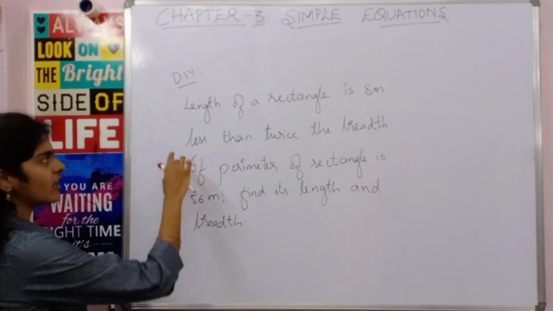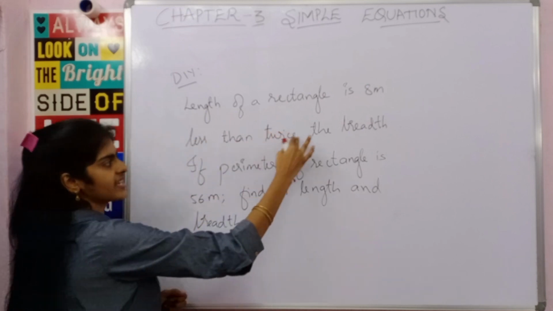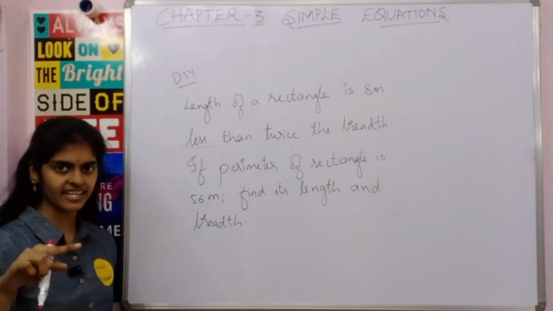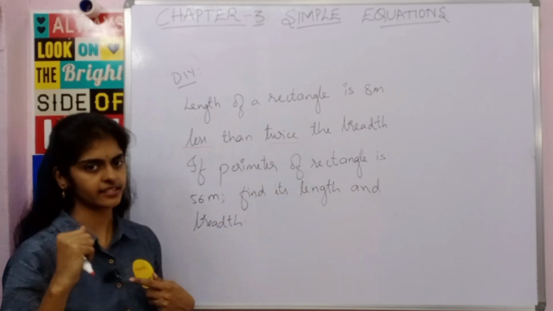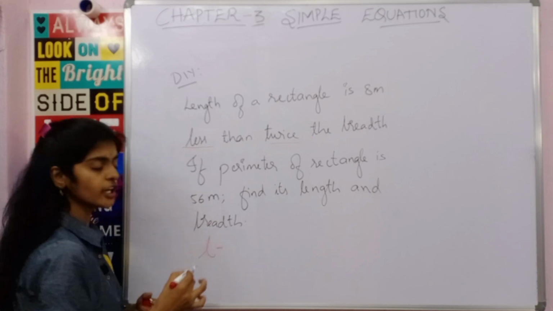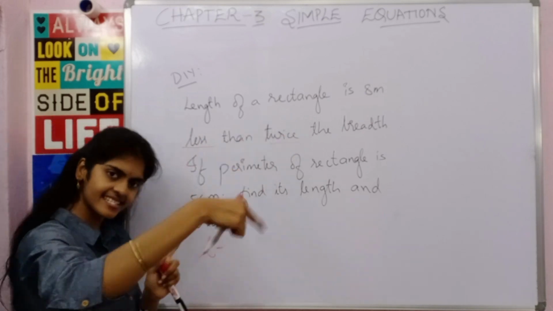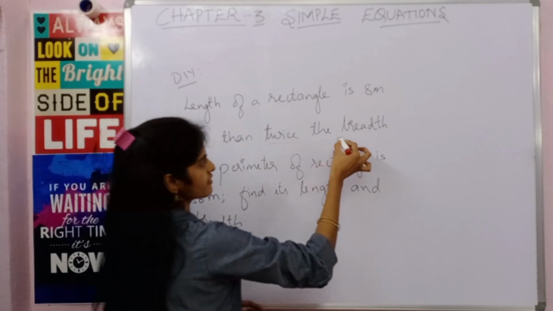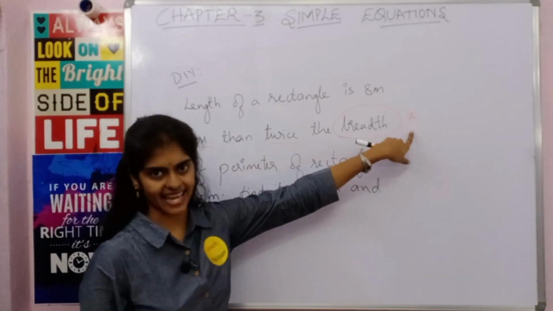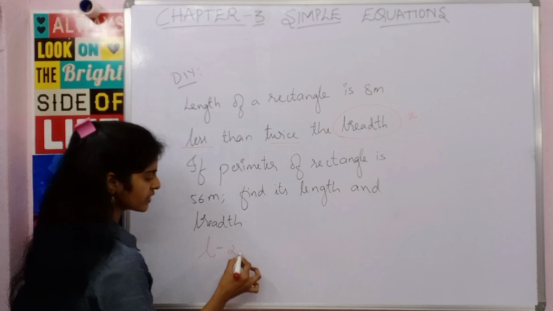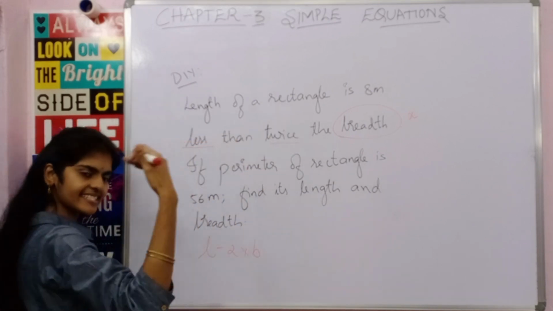Now, length of a rectangle is 8 meters less than twice the breadth. I told you whenever you have less than, it means subtraction. Twice the breadth is nothing but 2 times breadth. Suppose you take the breadth as x. Length is 2 times breadth, but it is 8 meters less than that.